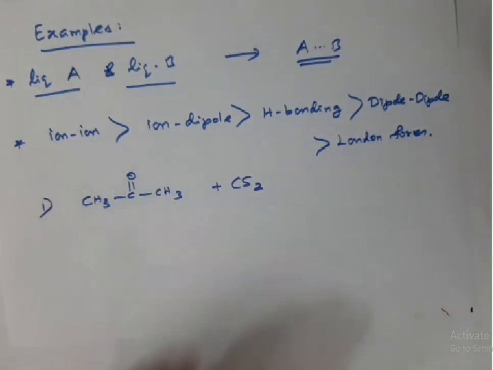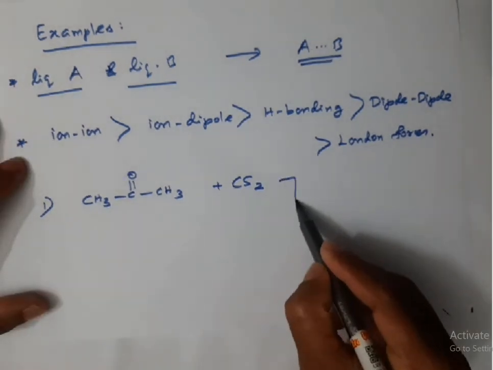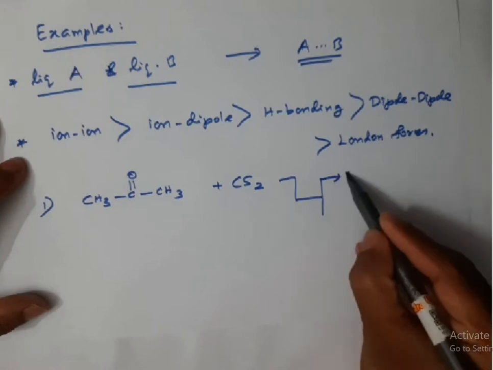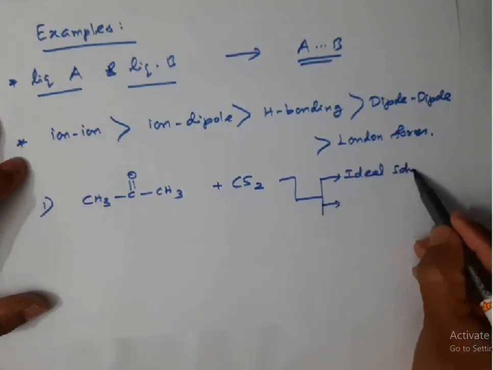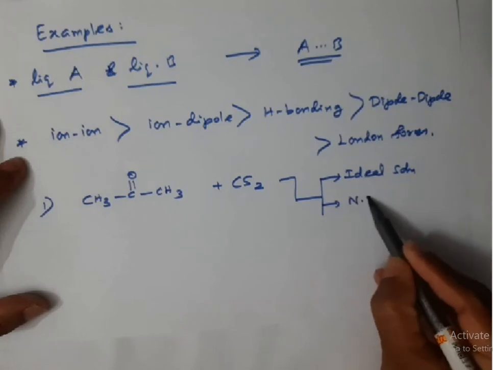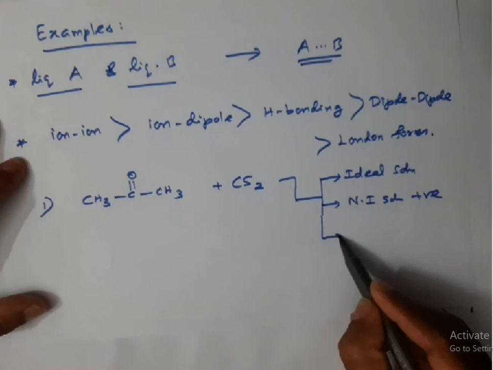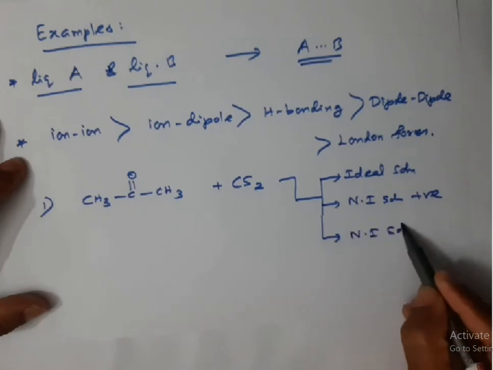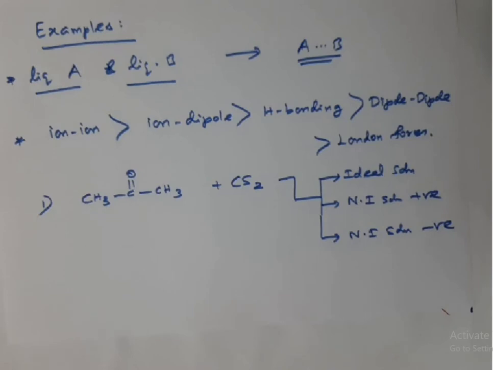I am giving you two liquids A and B. The question is whether the two on mixing form ideal solution or non-ideal solution showing positive deviation or non-ideal solution showing negative deviation. How to answer this question?